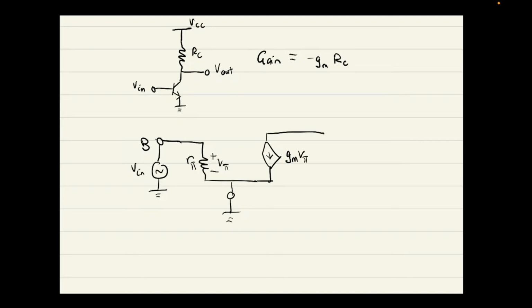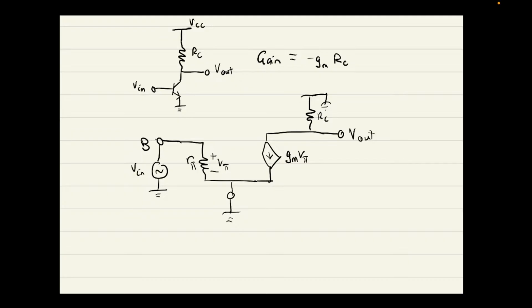I'm going to ignore r0 and say that it's large enough for us to just ignore in our calculations. And since we're in small signal, this also goes to ground.